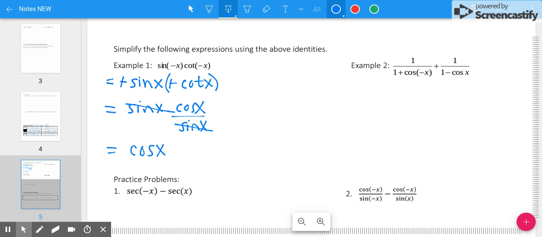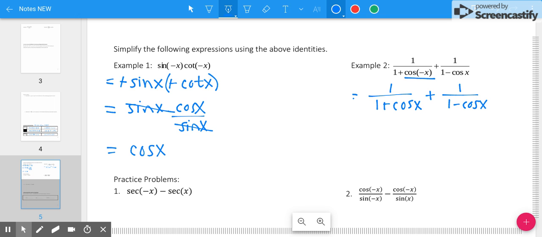For example 2, again, I see that there's this cosine of negative x. In this case, check your sheet if you need to, but cosine is an even function, so when I rewrite this, it goes poof. And over on the other fraction, there was no negative, so we'll just rewrite it as is.